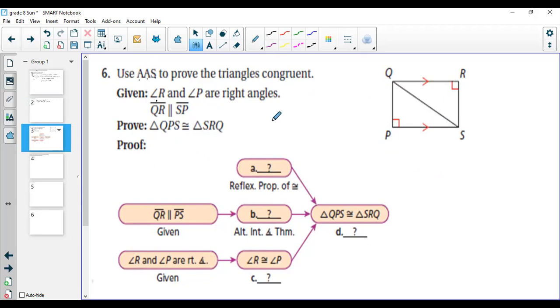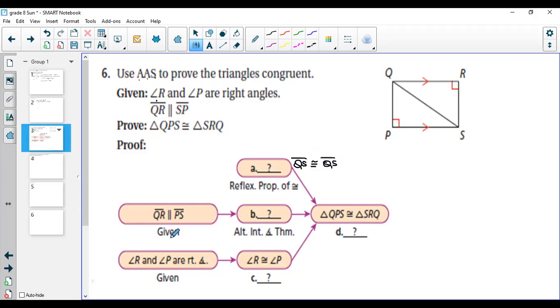Proof: the triangle QPS is congruent to SRQ. Fine. They want you to fill in this place. So the reflexive property of congruence: QS is congruent to QS. This is the reflexive property.